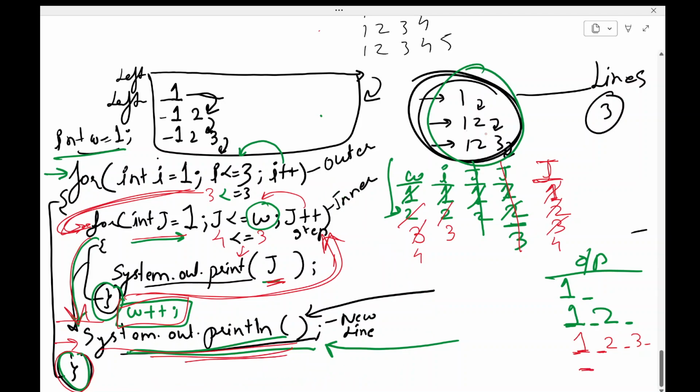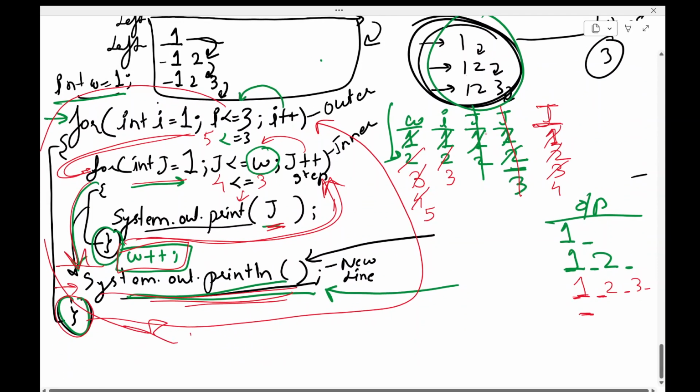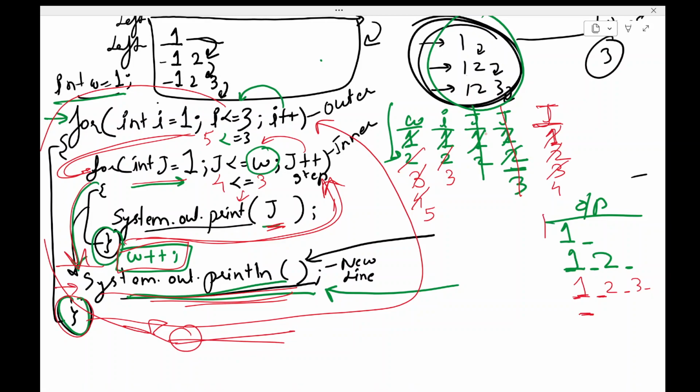Then again from here it goes to the i plus plus. Now my i becomes how much? 5. Now it will check the condition, so 5, whether it is less than or equal to 3, it is false. So since the outer loop is false, it will straight away come down over here where there is nothing, so it will land up over here, or maybe you can say the next execution. So now see, in this way I have printed 1 1 2 1 2 3.